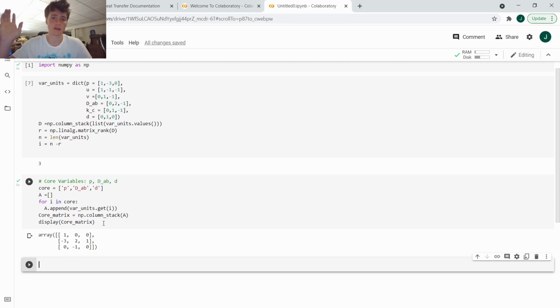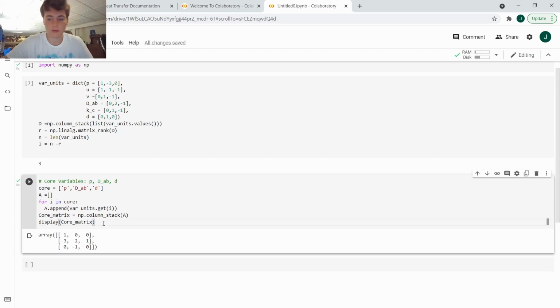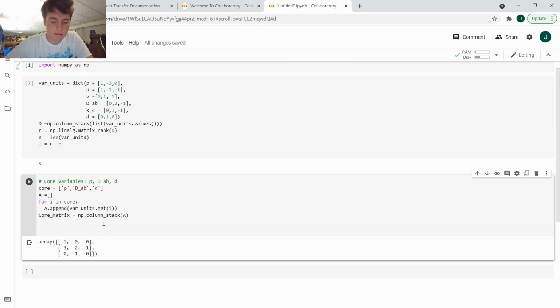Now we just need to create a list of our b vectors, which we can do using the same thing.